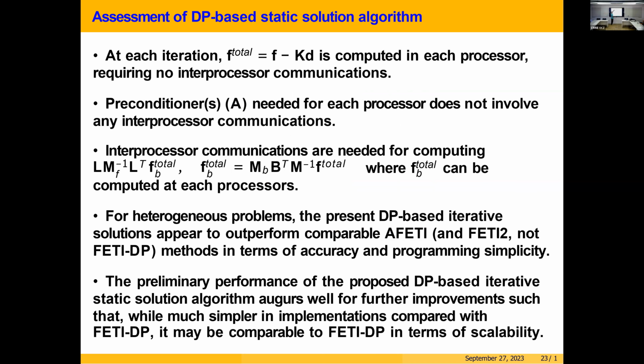We compute this on each processor, and we don't really communicate. A does not need communication. These do need communication, in other words, the iterate vector. So up to here, we don't need any communication. FB is the size of the interface degrees of freedom. So this is all done in each processor.